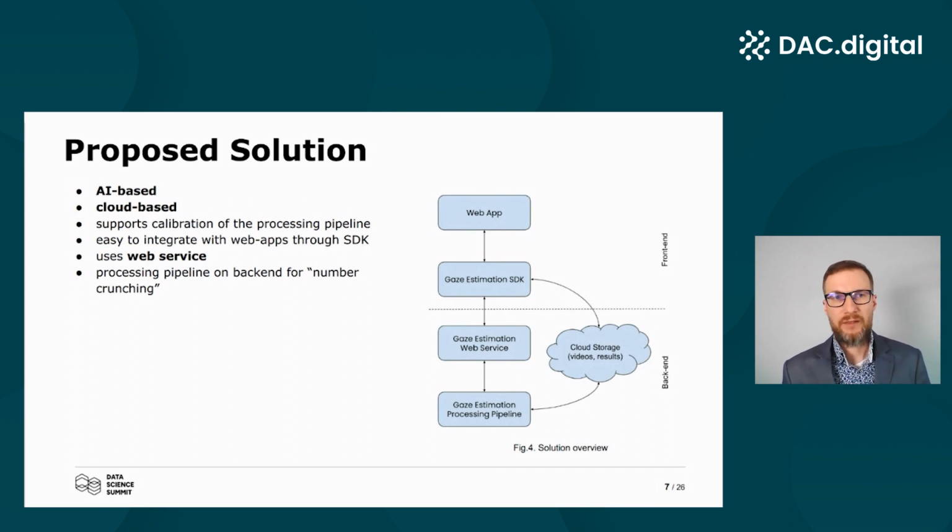It's cloud-based, meaning videos captured on target devices are processed offline to acquire results that can be later revisited and analyzed with regards to displayed content, for example. The web service covers triggering file transfer and processing operations, and the processing pipeline running on backend does all the number crunching to output POG estimations on a per frame basis.